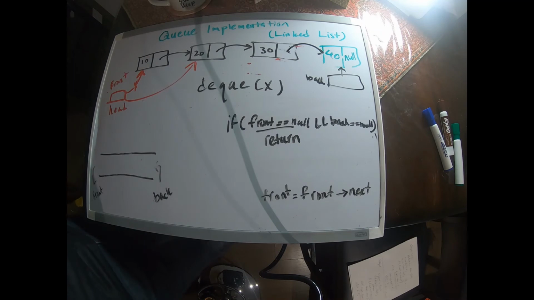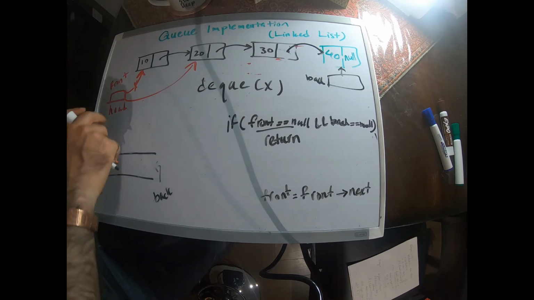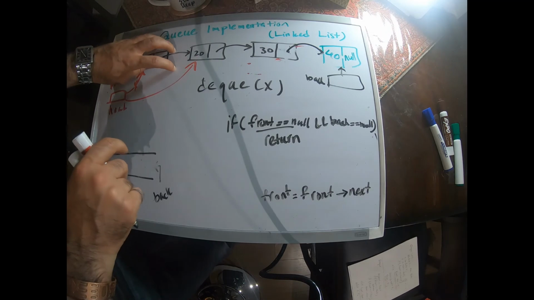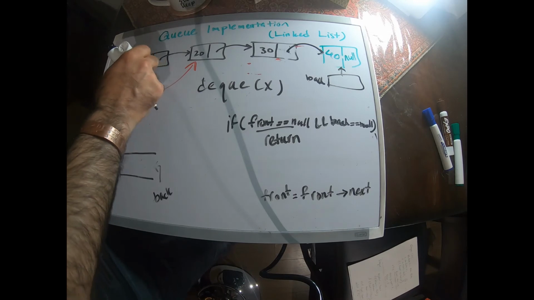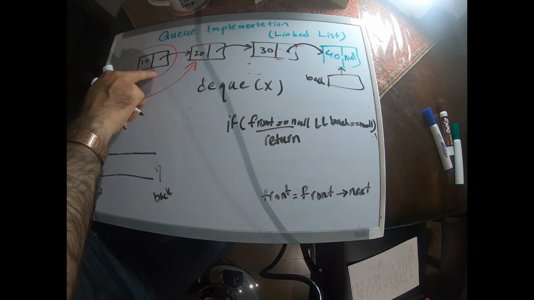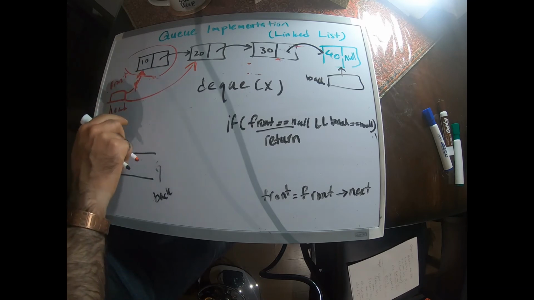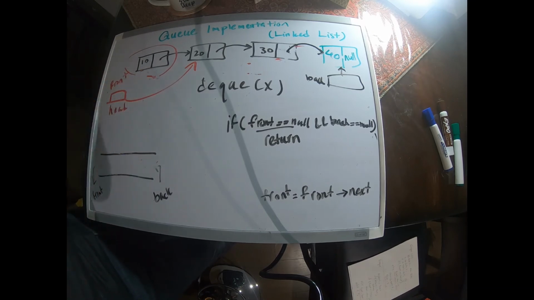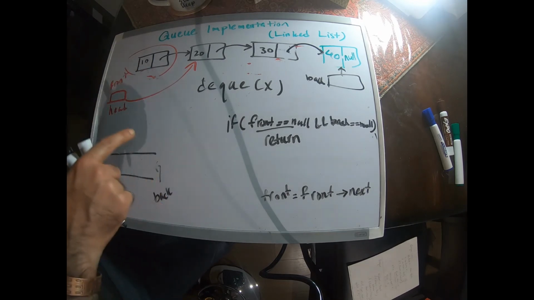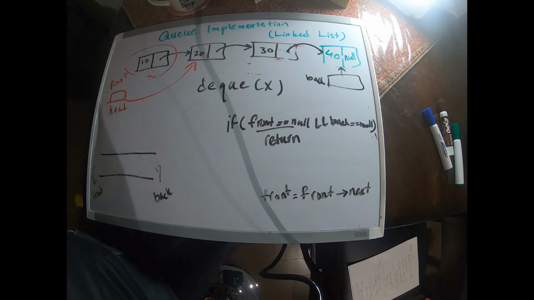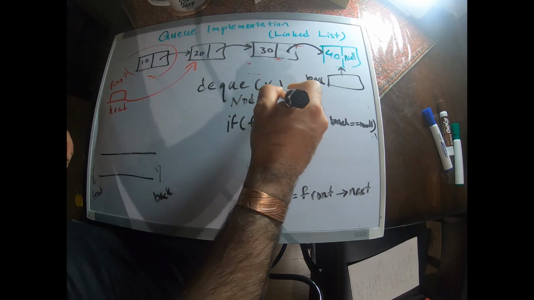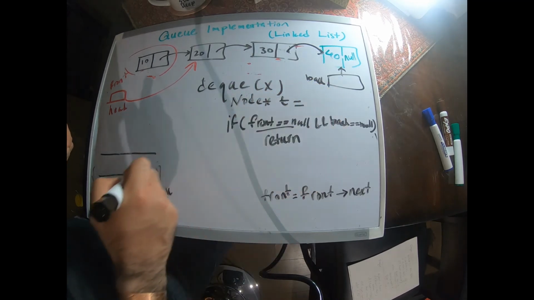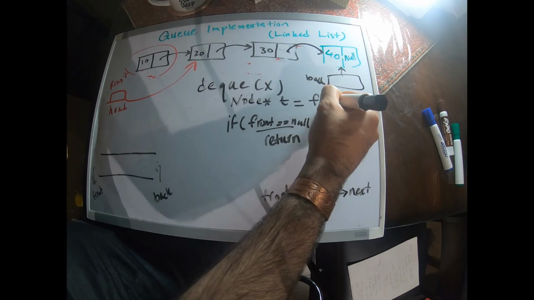Now, is this okay? Yeah, so my front changed. This is out of the queue, but what about this memory space? This is dynamic memory, so we have to deallocate it. Do I have any pointer pointing to it anymore? No, I don't. So this is going to cause a memory leak. Let's fix that problem first. What we need to do is first have a temporary pointer pointing to the front.